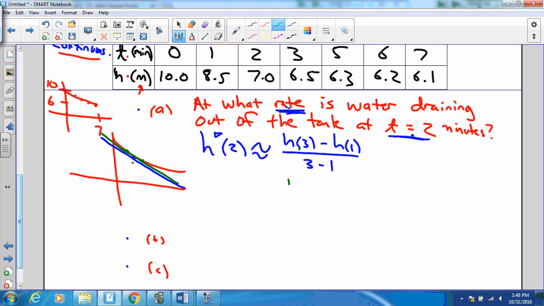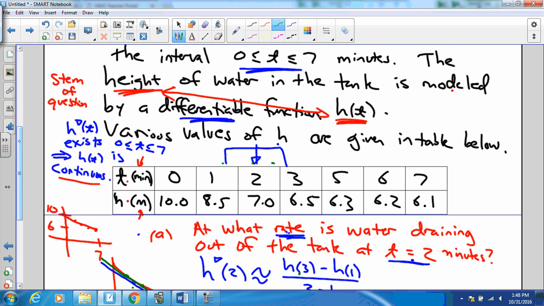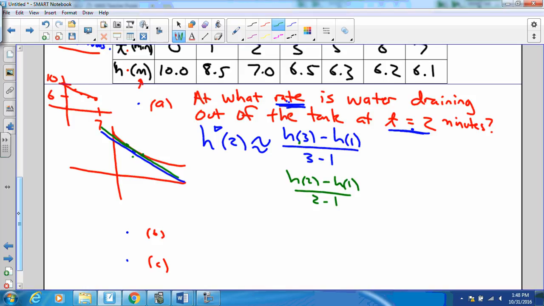What I'm about to say is in answer to Jennifer's question. If I computed the difference quotient, h of 2 minus h of 1 over 2 minus 1, that difference quotient would also compute a rate of change.